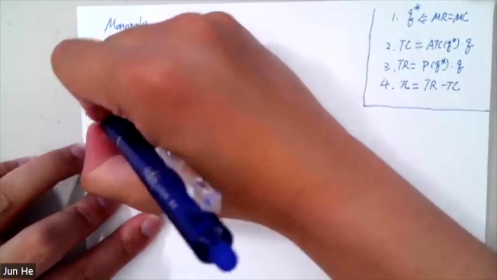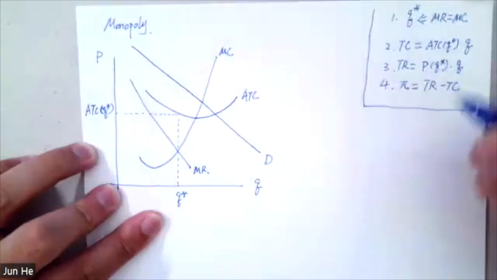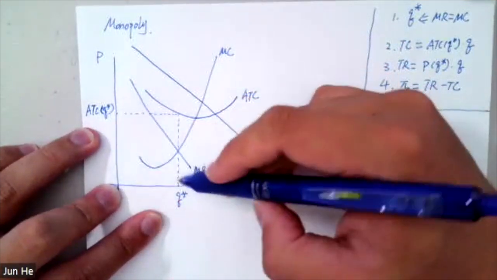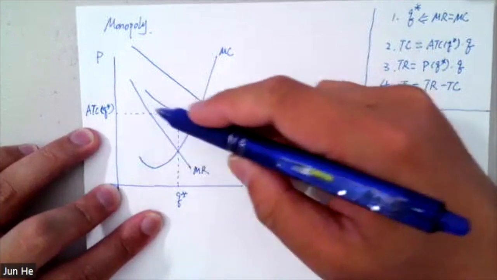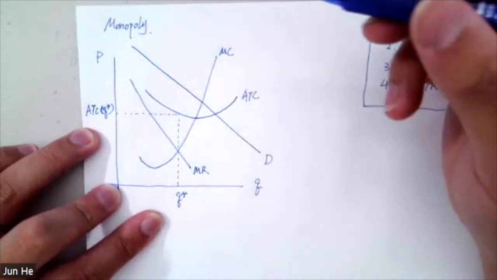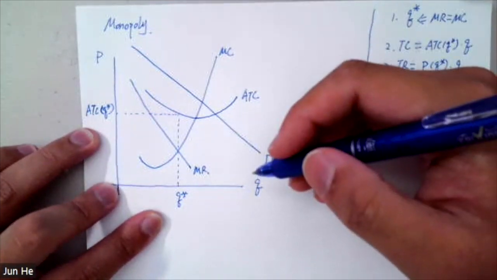Average total cost at the level of current production is this, right? And average total cost by the total production. So this rectangle here stands for the total cost.